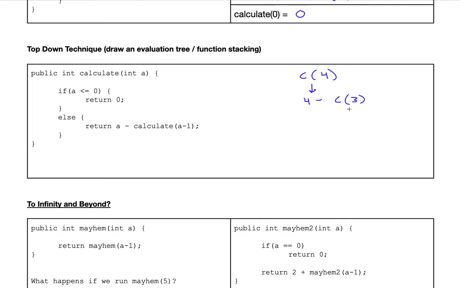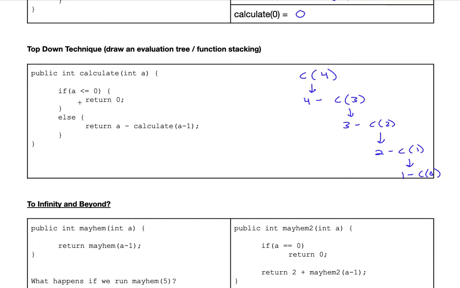So what's calculate of 3? Well, that's our new A value, 3, minus calculate 1 less than our A value, 2. Well, what's calculate of 2? That's 2 minus calculate 1 less than our current A value. And what's calculate of 1? That's 1 minus calculate of 1 less than our current A value.